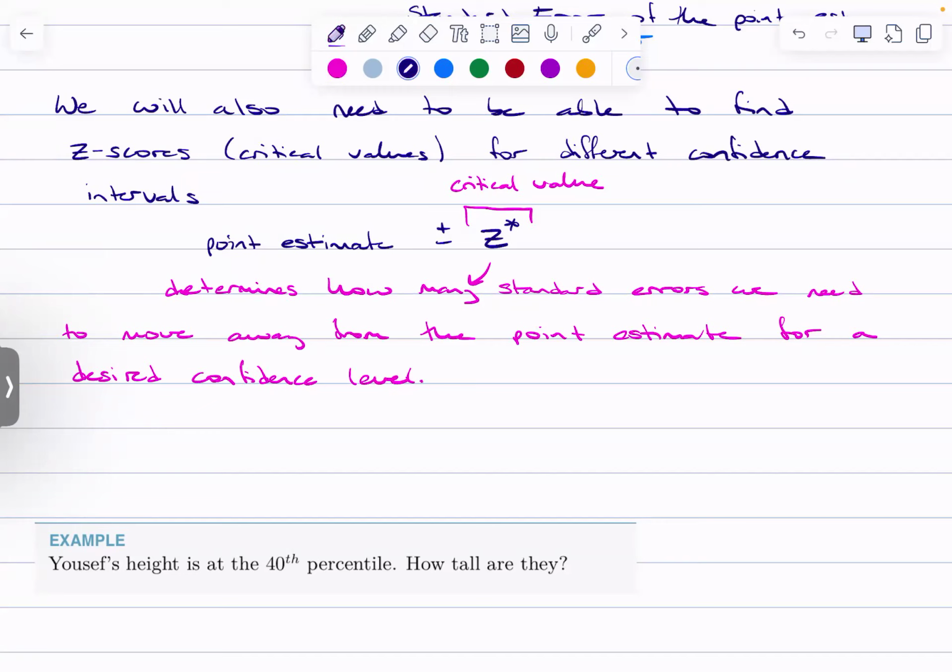So our confidence interval is going to be our point estimate plus or minus our critical value times the standard error of the point estimate. That point estimate is going to have some spread, kind of taking the place of sigma.